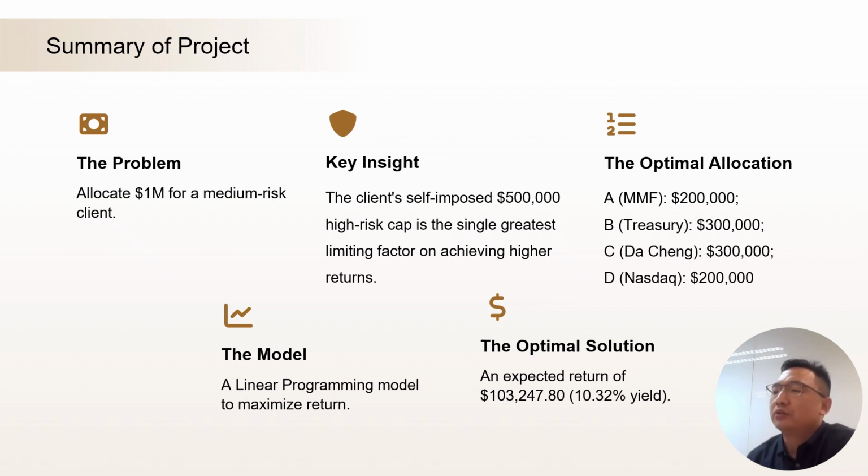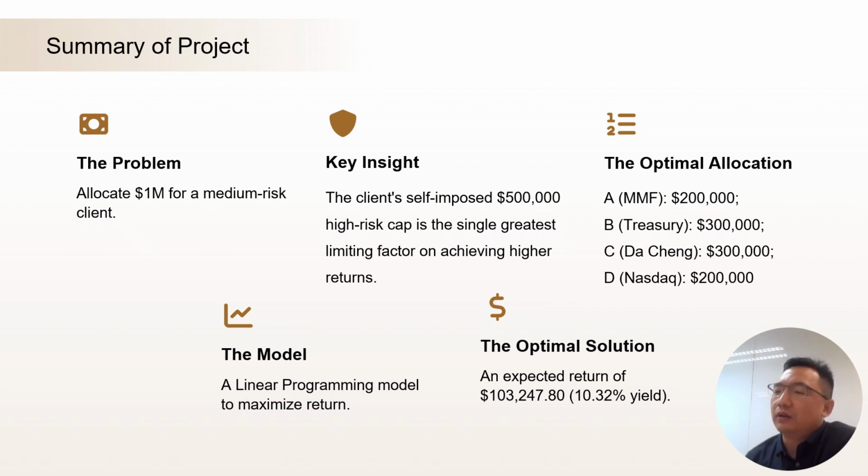Third, the model. To solve this, we implemented a linear program. This analytic approach allowed us to find the mathematically optimal solution. Fourth, the optimal allocation to achieve the return is precise: 200,000 in the money market fund, 300,000 in Australia, the same in the Dacheng fund, and 200,000 in the Nasdaq fund.